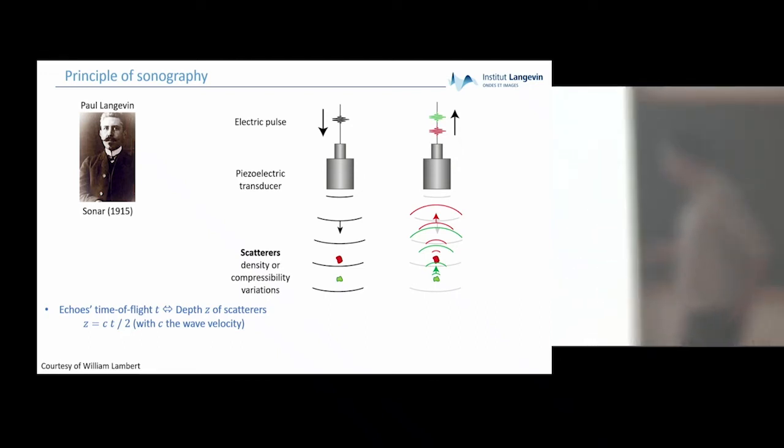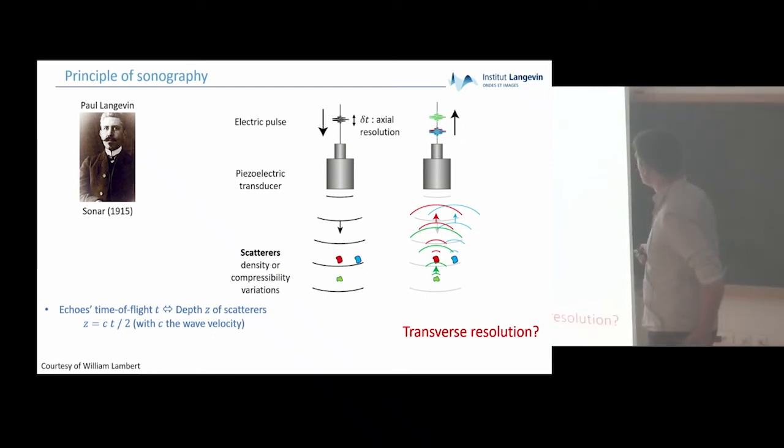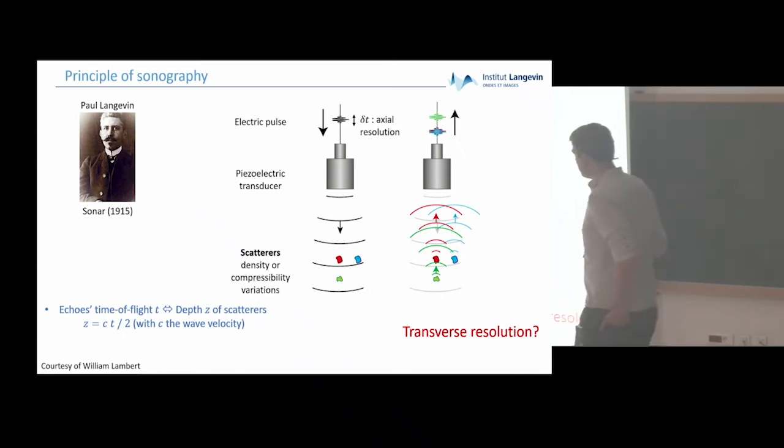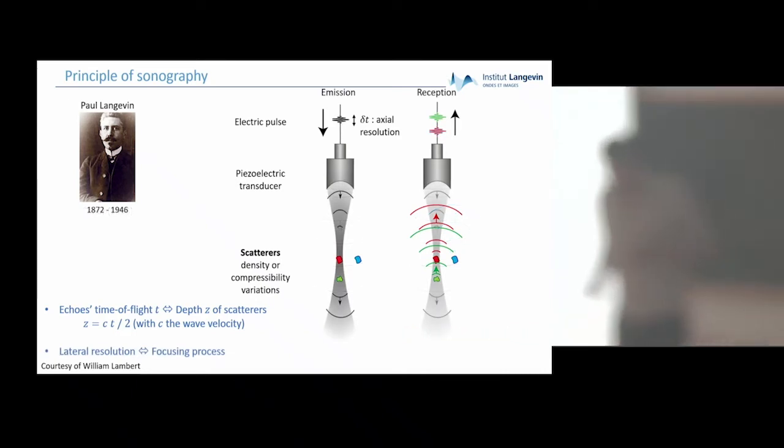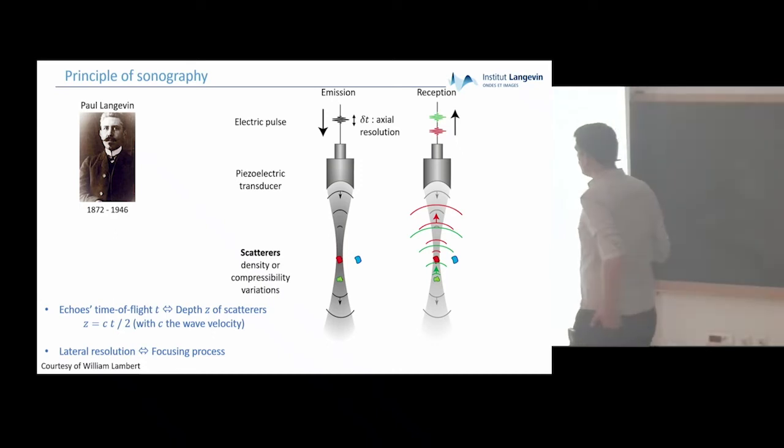But the problem is that you're limited to only an axial resolution. You're not able to discriminate between two scatterers that are at the same depth. So to have information on the lateral axis, you need a focusing process.